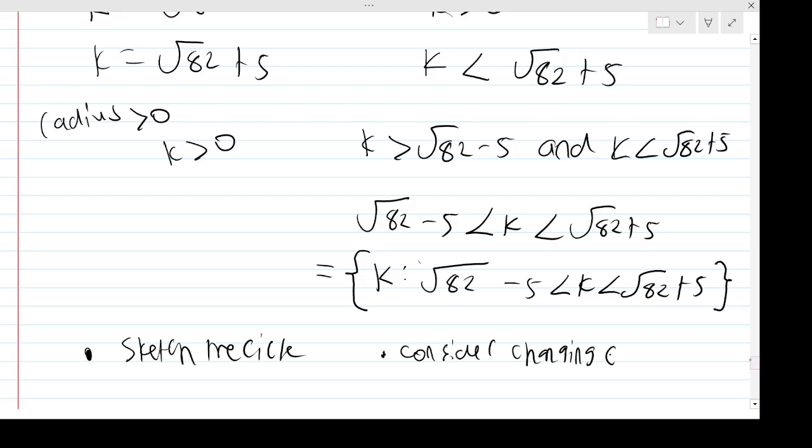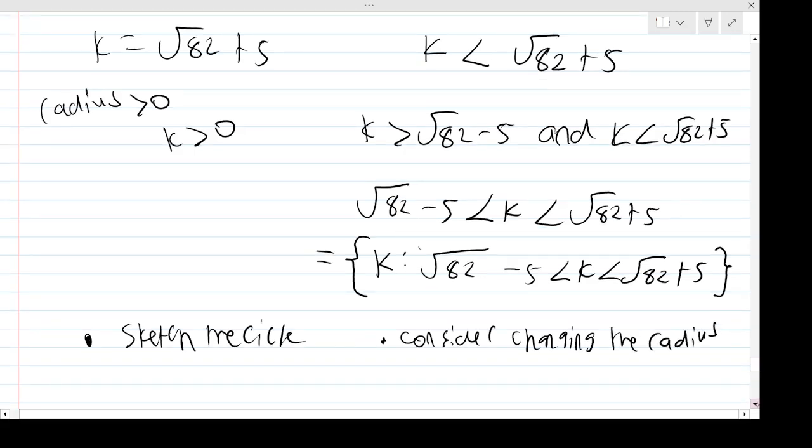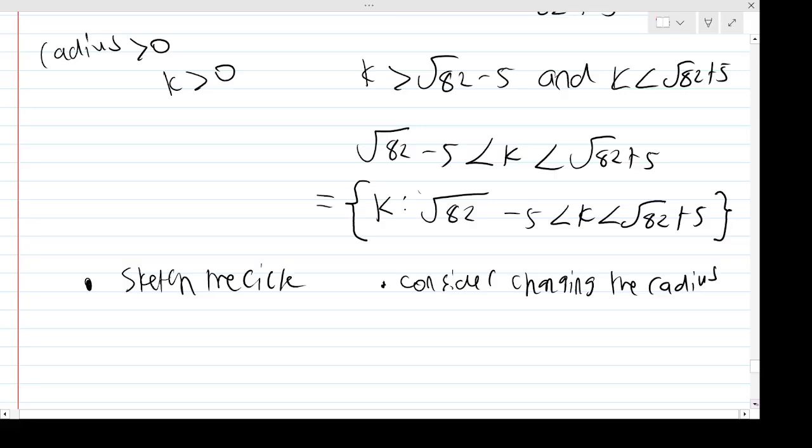So again, what happens if you increase the radius of the circle? What would that look like? And eventually, does that solve the problem that you want? Does that eventually intersect with another circle? Does that eventually intersect an axis or something like that?